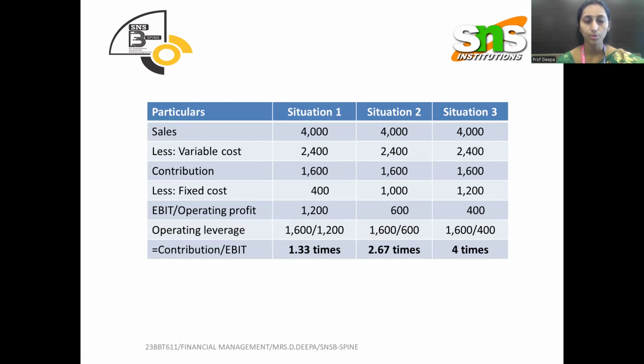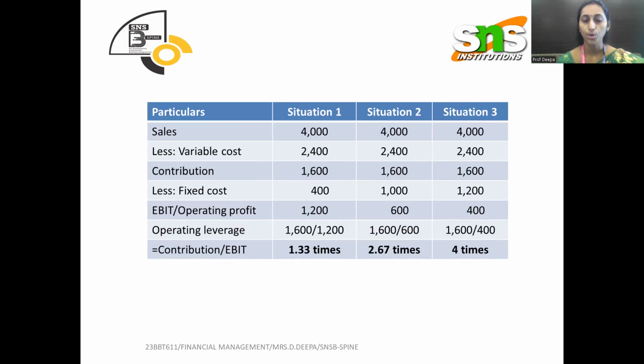From this contribution, there is one more cost, that is fixed cost, which gives us EBIT. EBIT is nothing but earnings before interest and taxes.